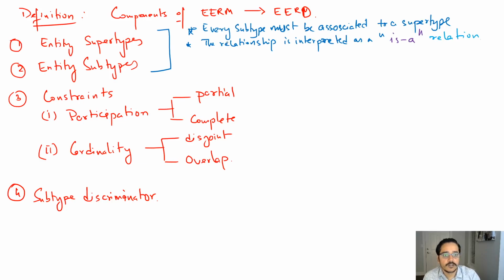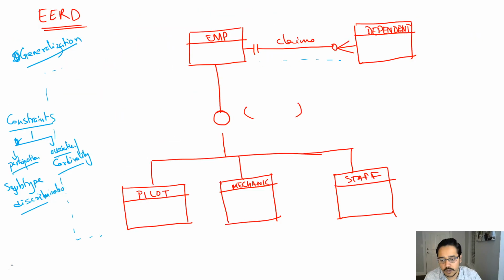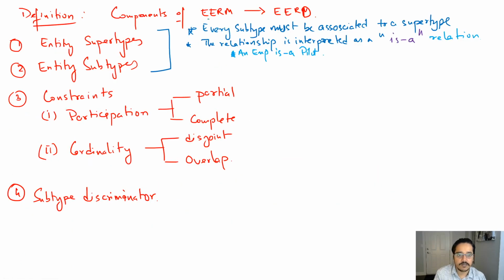So that means an employee is a pilot. If you want to interpret this relationship, you're going to say an employee is a pilot, and a pilot has to be an employee within this particular domain. It cannot be something else. So that is what the first point is basically trying to say.